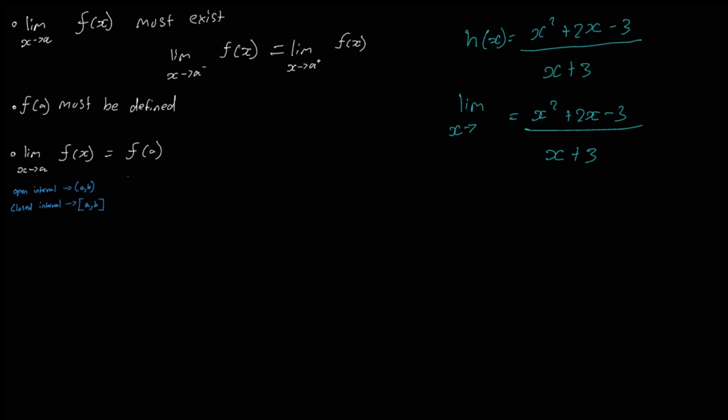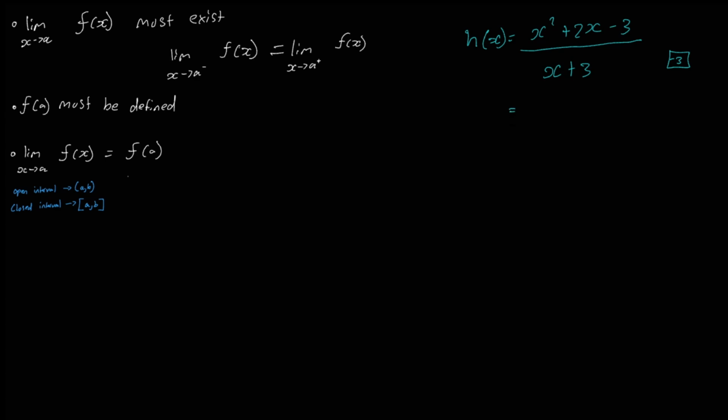So we can assume that at negative 3, there might be a point of discontinuity. Now that we have our assumption at negative 3, let's work this function and simplify it first.